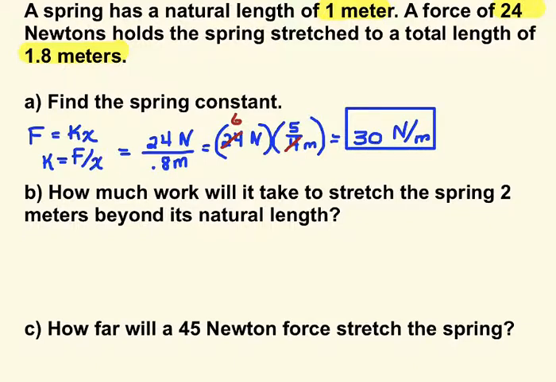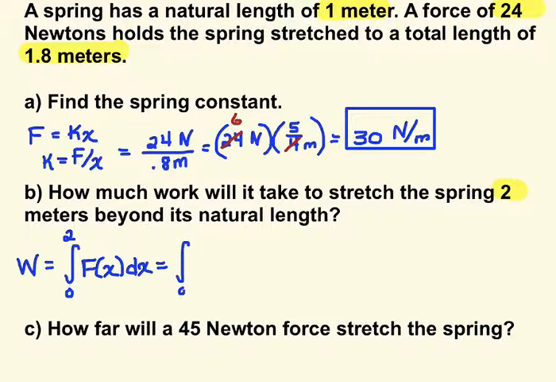Okay, let's move on to the next question. How much work will it take to stretch the spring 2 meters beyond its natural length? This is going to require an integral: the work it takes to stretch the spring from 0 to 2 meters. We need to find f of x, the force with respect to how far we stretch the spring, times how far we stretched it, because work is force times distance.